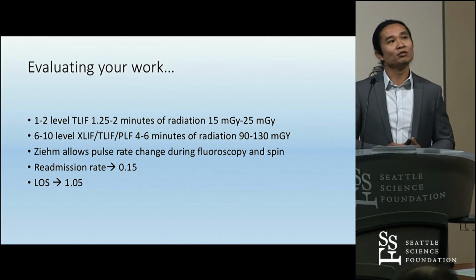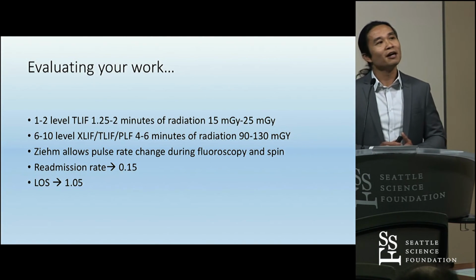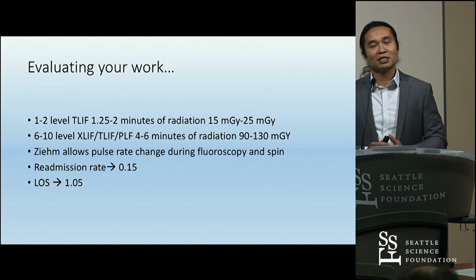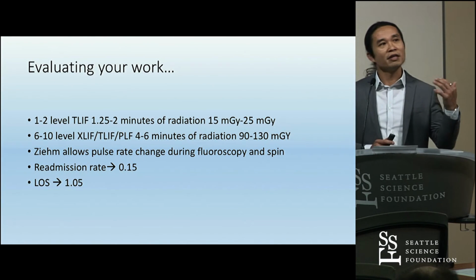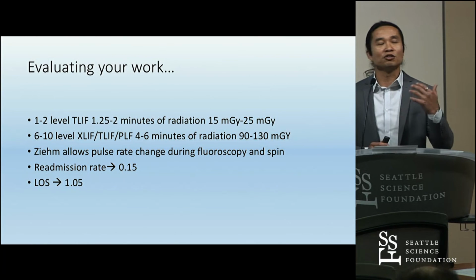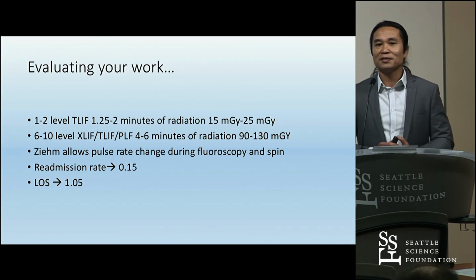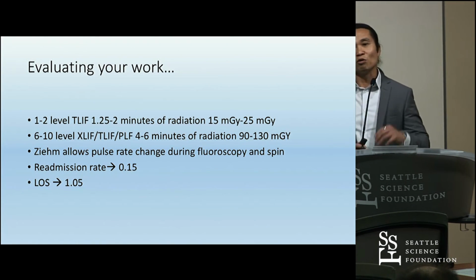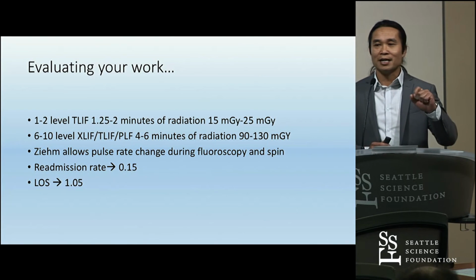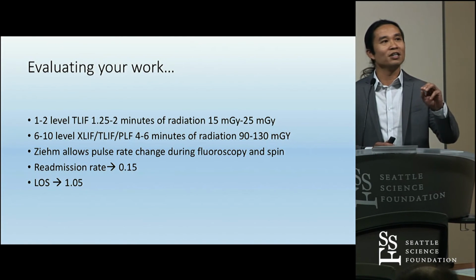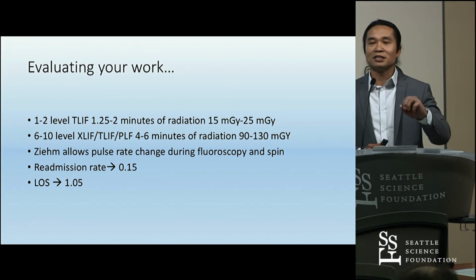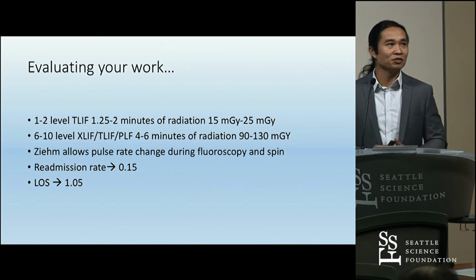For my 6 to 10 level cases, what I call tri-brids, XLIFs, TLIFs, they tend to have more radiation in terms of confirmation spins, but the important thing is to grade yourself in terms of the amount of radiation that is in the operative field.